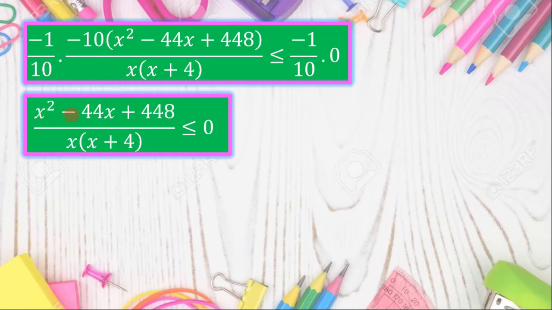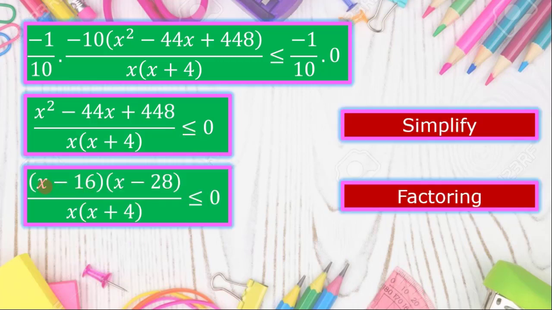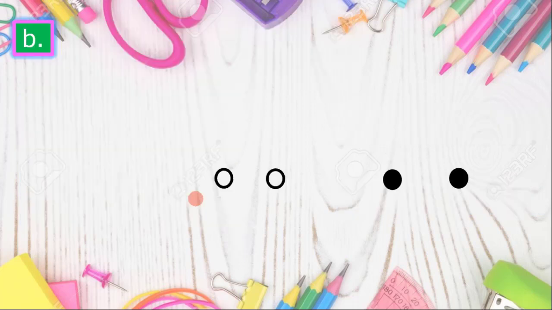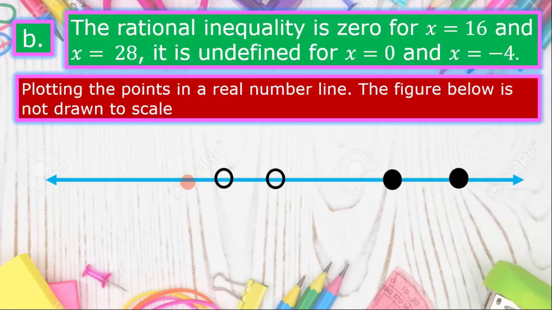Simplifying will give us x squared minus 44x plus 448 all over quantity x plus 4 times x less than or equal to 0. Factoring out, we have quantity x minus 16 times quantity x minus 28 all over the denominator less than or equal to 0. Then, we have here a real number line.